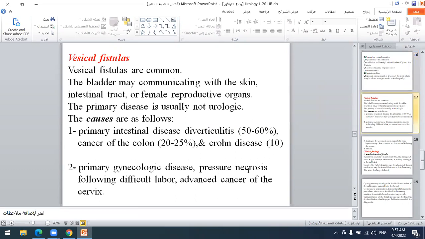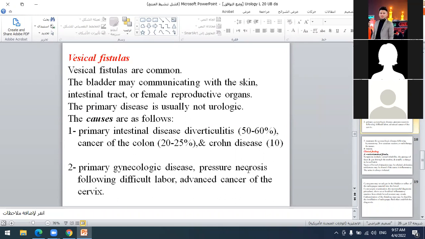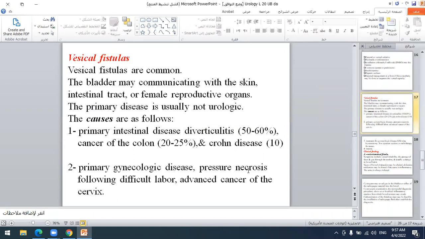Vesical fistulae. Vesical fistulae are common. The bladder may communicate with the skin, intestinal tract, or female reproductive organs.